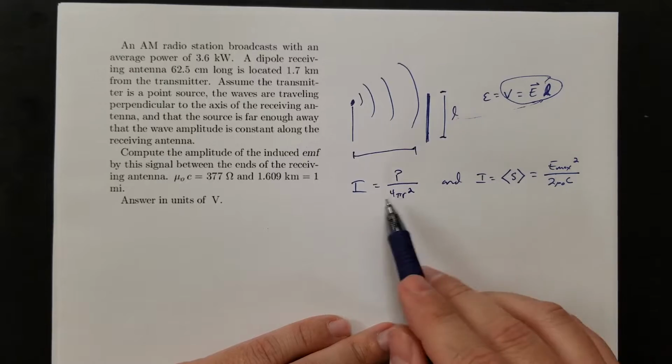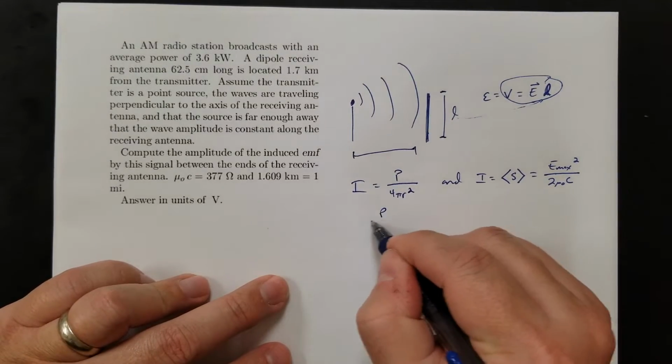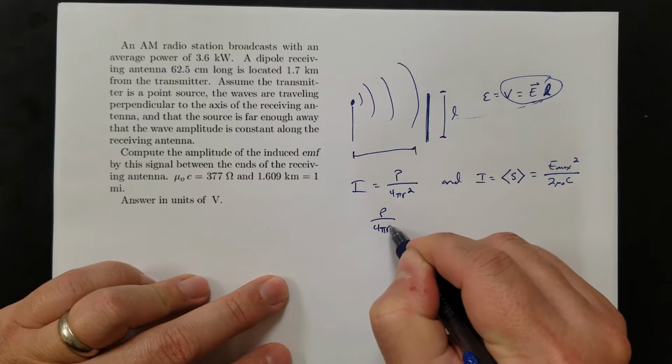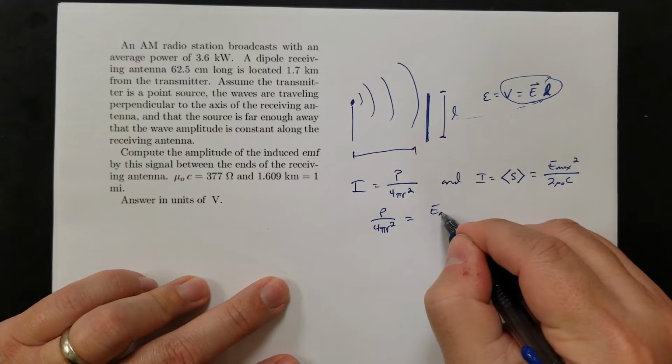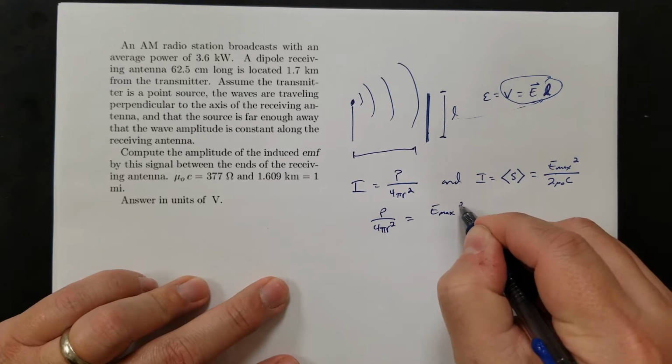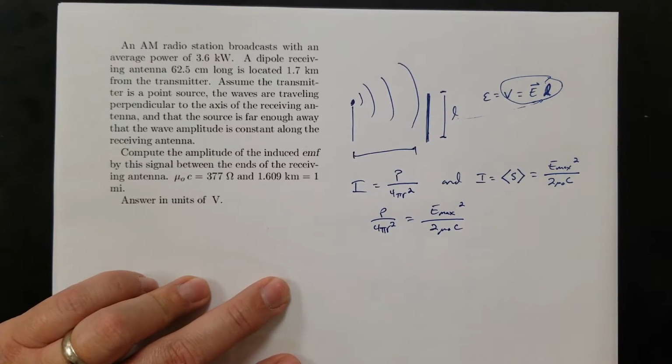So I can combine these two: power over 4 pi r squared is equal to E max squared over 2 mu naught times the speed of light.